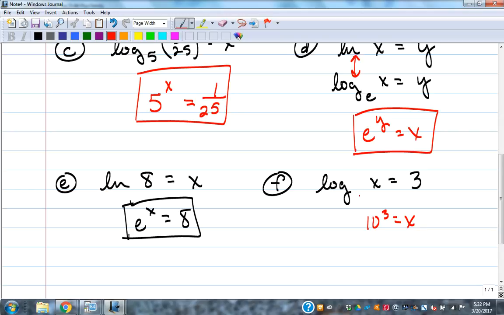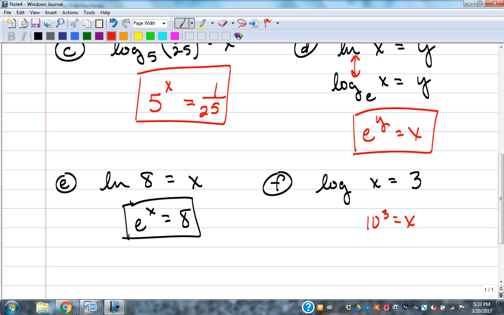Different societies over the course of history have used different number bases, but base 10 seems to be where everybody's kind of stuck for thousands of years probably. Base 10 makes counting easier and makes all our place values a lot easier. I guess if we were base 6 or base 5, we'd get used to it, because we wouldn't know any different. So if it's plain log, it's base 10.